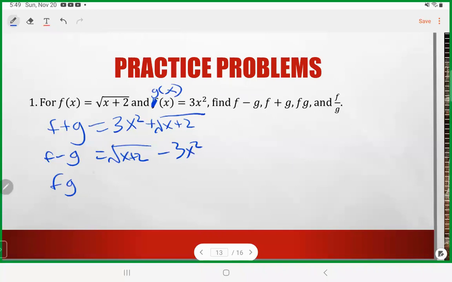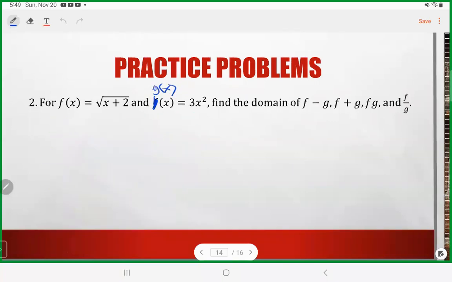fg is going to be equal to this, right? And of course, f divided by g is going to be equal to x square root of x plus 2 over 3x squared. Now, our next one is to find the domain.